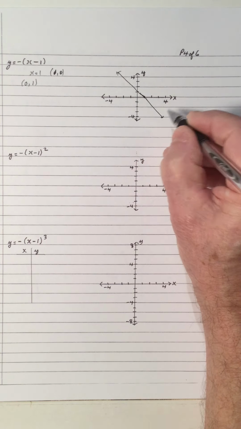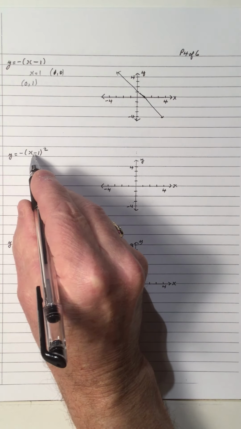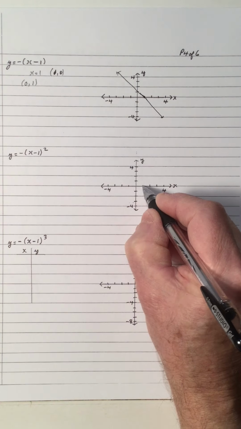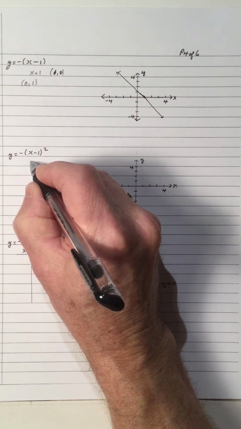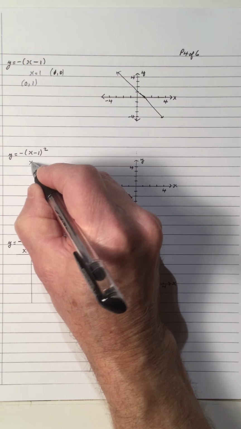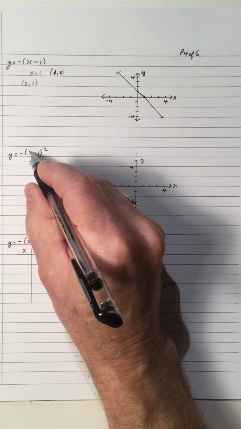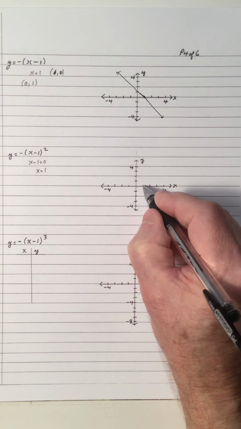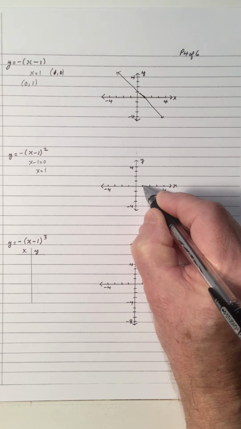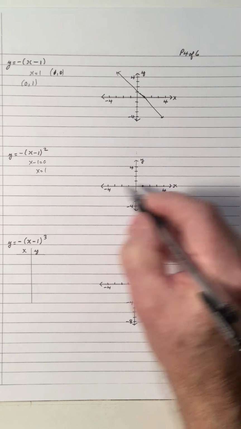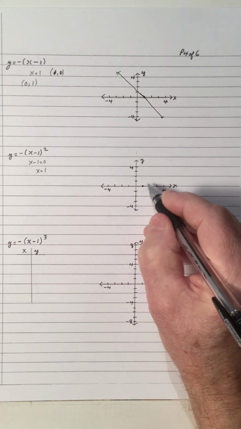Now we have a parabola. Sorry, you've got to be careful. x minus 1 equals 0, so x equals 1. The x-intercept is 1. Put a 1 in here and I get a 0 right here. And it's a parabola that's opening down because of the negative.